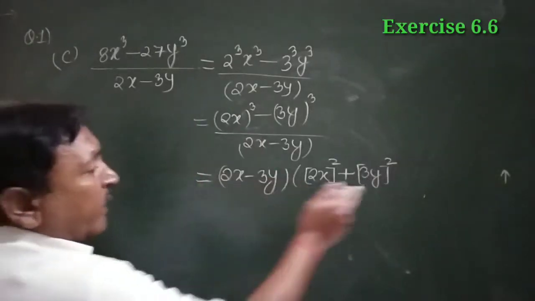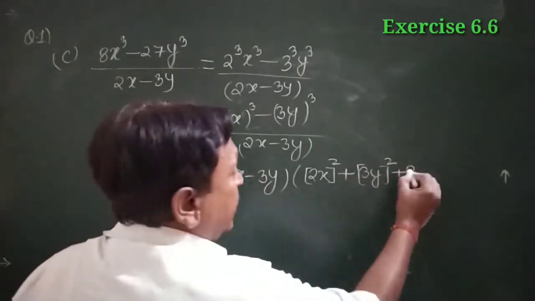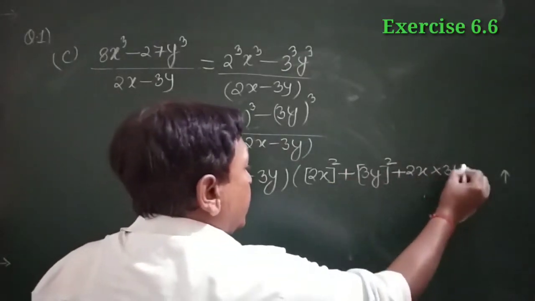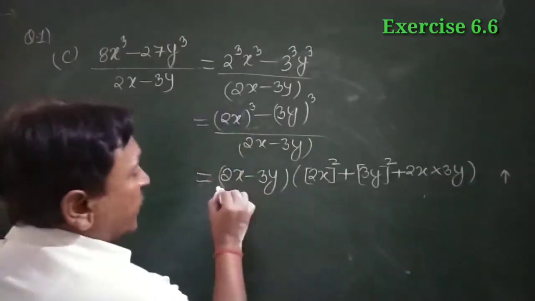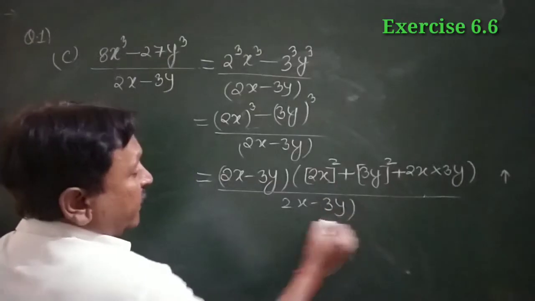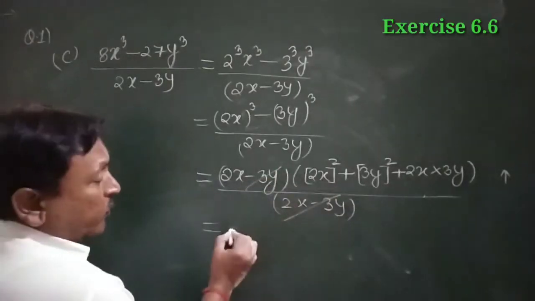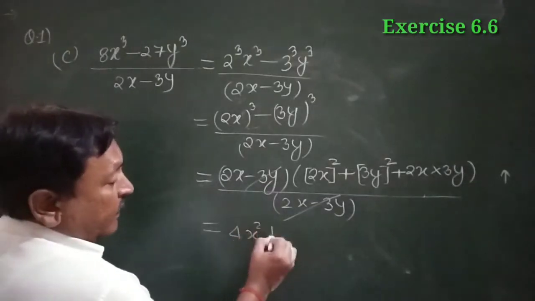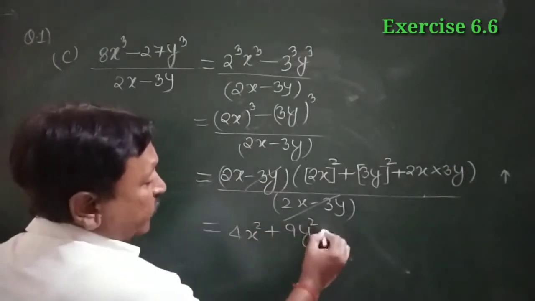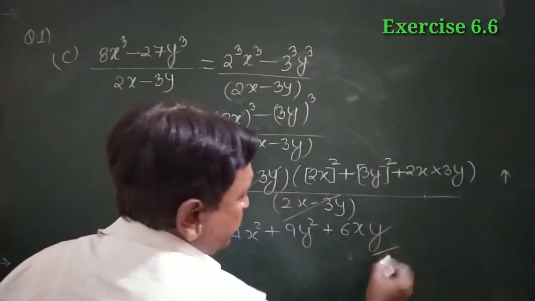It is minus, so here will come plus: a square plus b square plus ab, meaning 2x into 3y, upon 2x minus 3y. Cancelled. So what is left? Solve it: 2 2s are 4x square, 3 3s are 9y square, plus 3 2s are 6xy.